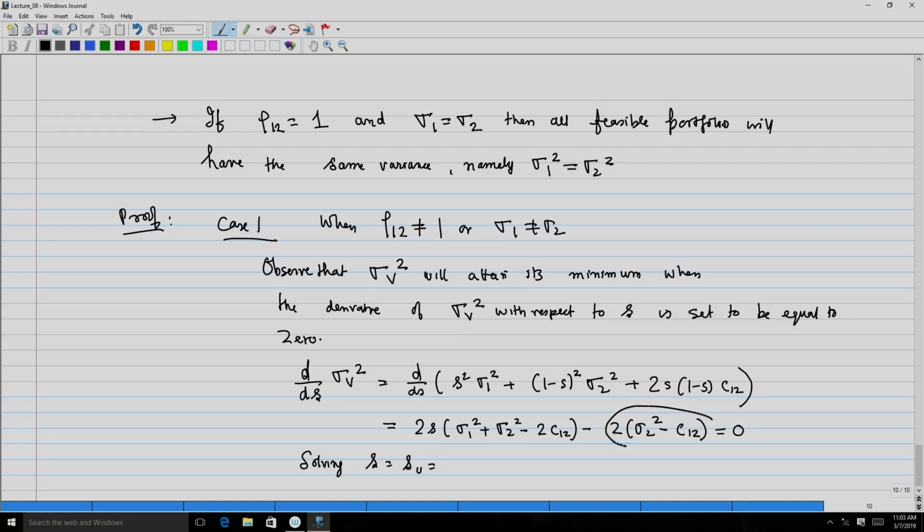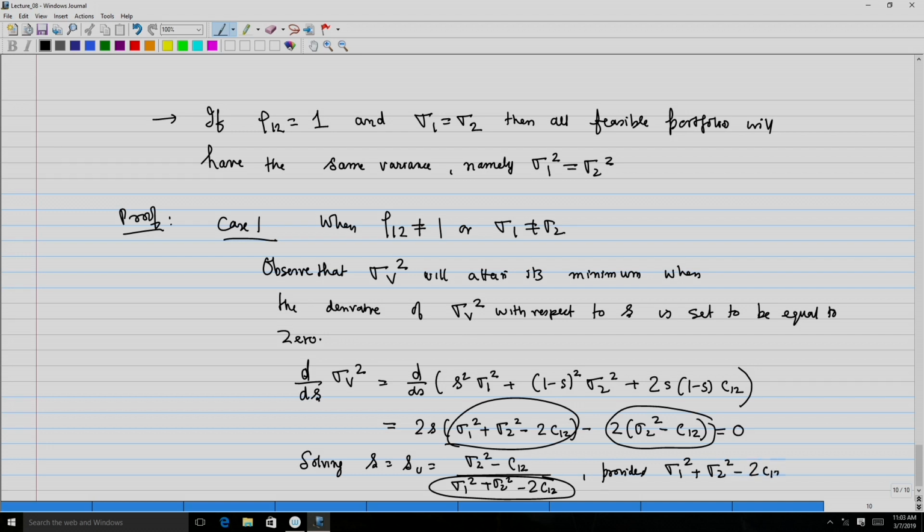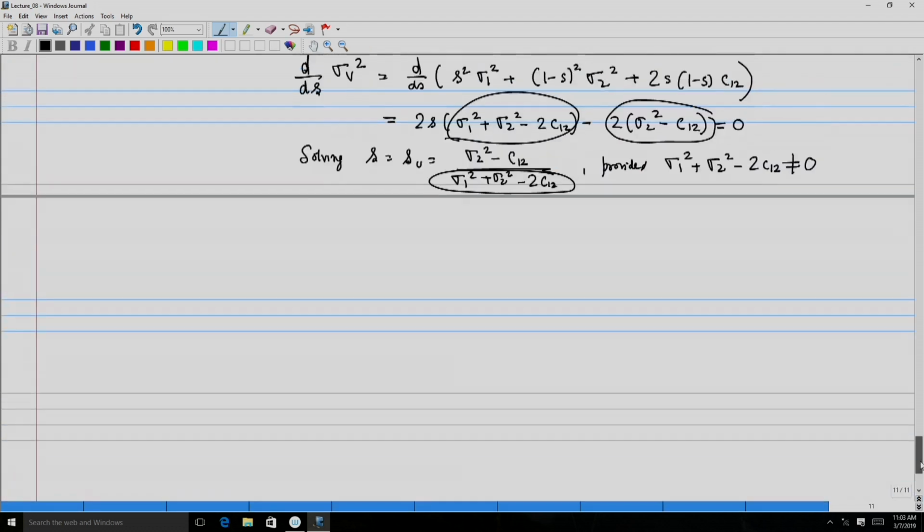It will be this term divided by this term, which is sigma 2 square minus C1 2 divided by sigma 1 square plus sigma 2 square minus twice C1 2, provided this denominator is not equal to 0. So, provided sigma 1 square plus sigma 2 square minus twice C1 2 is not equal to 0.